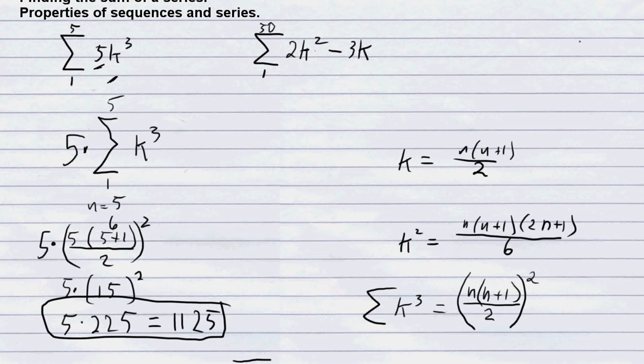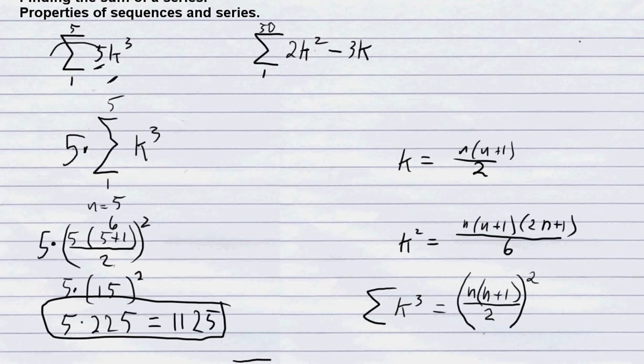So we factored this 5 to the outside, then we used the k cubed formula down here, and that gave us 15 squared. 15 squared is 225 times 5, 1125, and that's it.